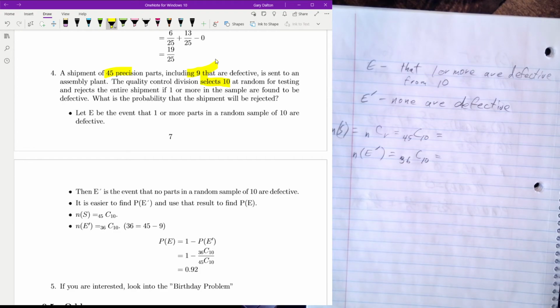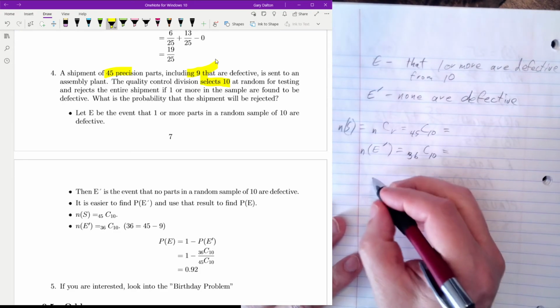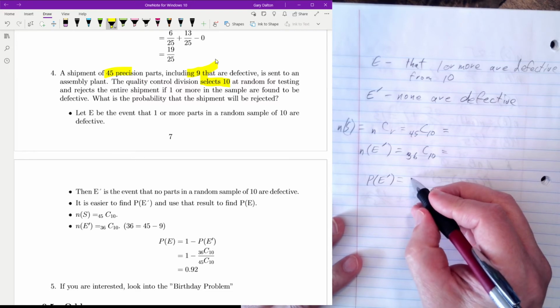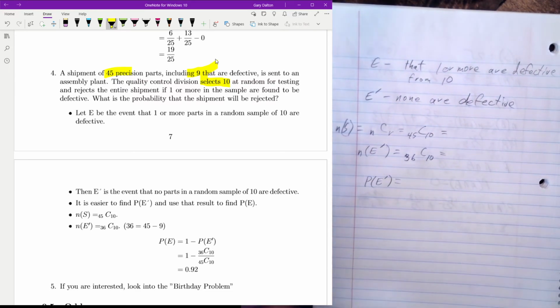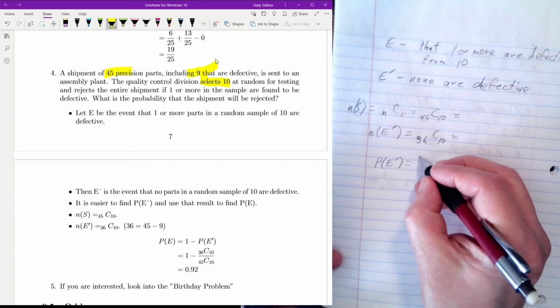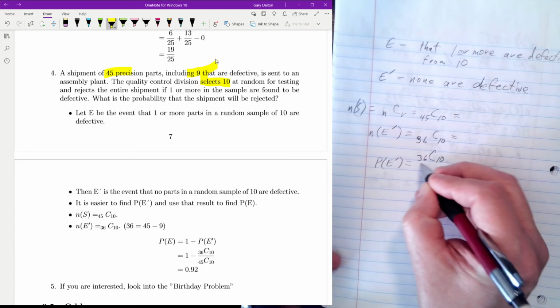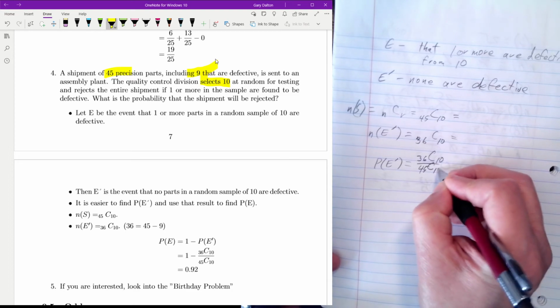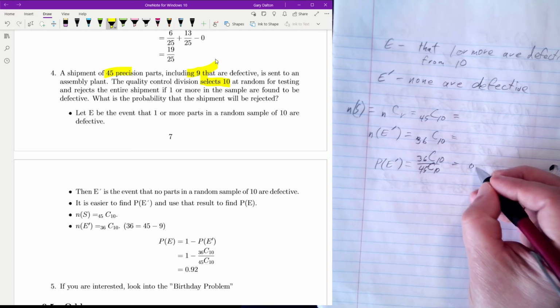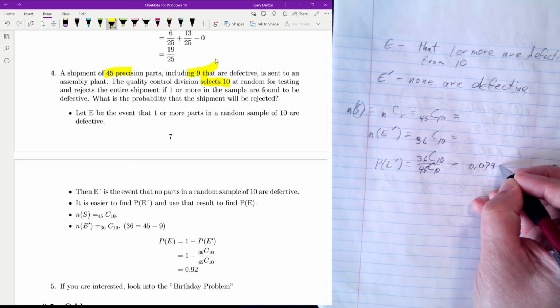And then our probability of not E is equal to, let's just calculate it using the calculator, 36 choose 10 divided by 45 choose 10, which is equal to 0.07967.